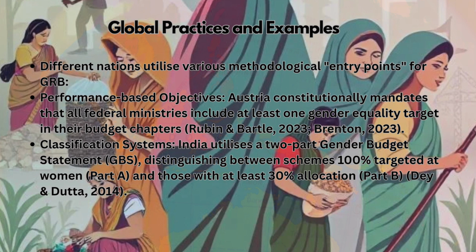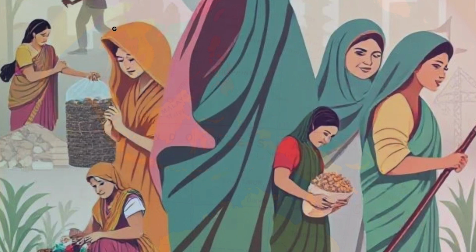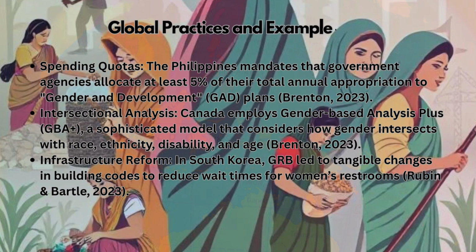Here, countries like India utilize a two-part gender budget statement, which distinguishes between schemes with 100% targeted at women as Part A, and those with at least 30% allocation in gender components, which we call Part B. And spending quotas. This is followed in countries like the Philippines. It mandates that government agencies allocate at least 5% of their total annual appropriation to gender and development plans.